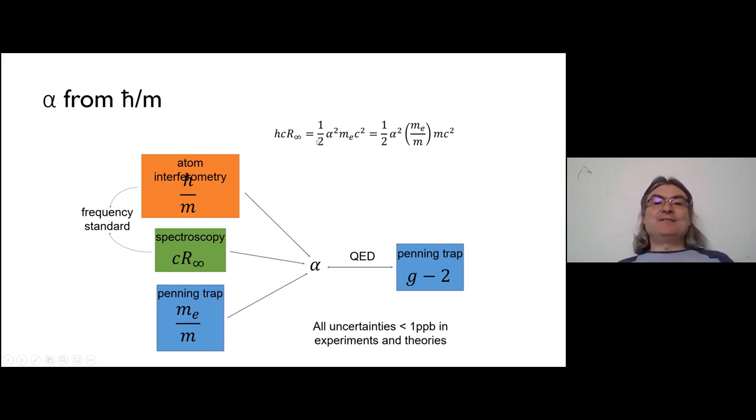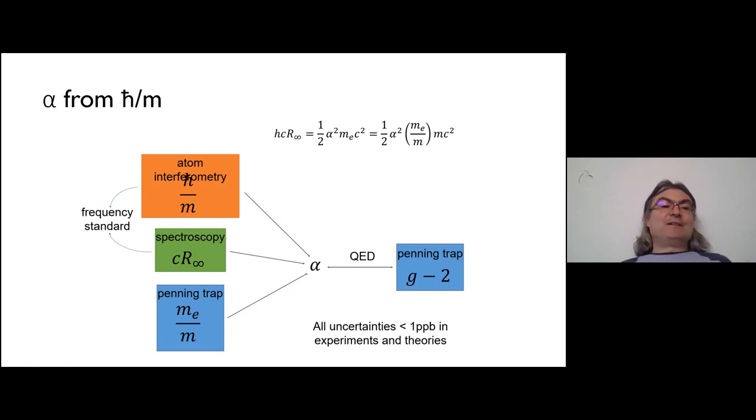Those two are by definition of the Rydberg constant the same. And I can solve this for alpha and use that to determine alpha from the ratio of the Planck constant to the mass of the electron. But that's not very well known, and the electron mass in kilograms is not well known enough to apply this.